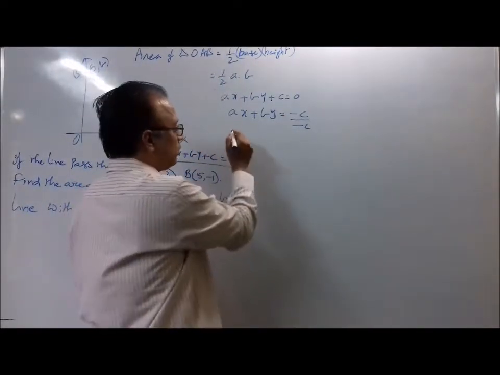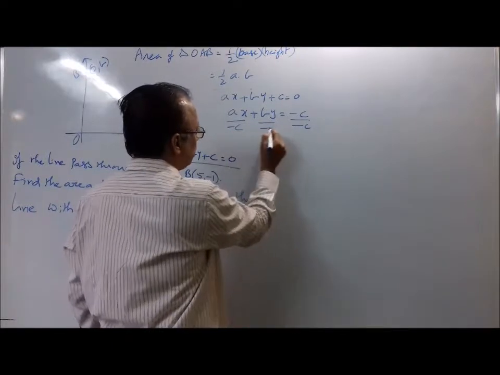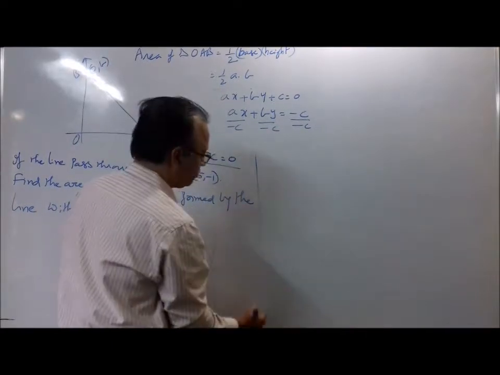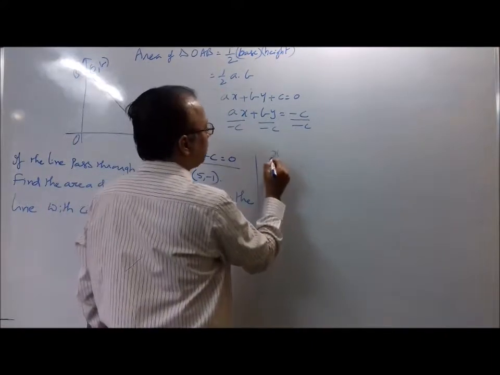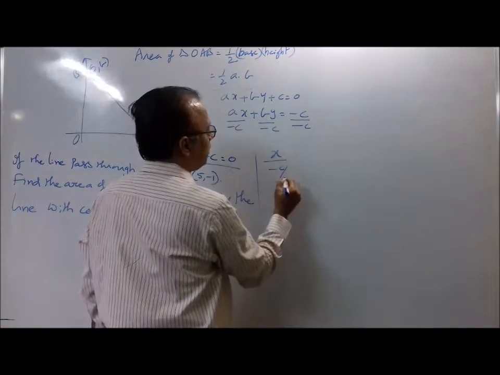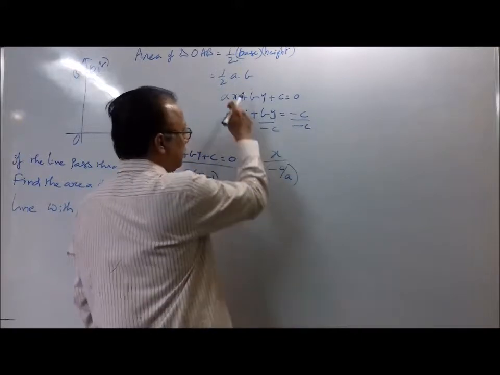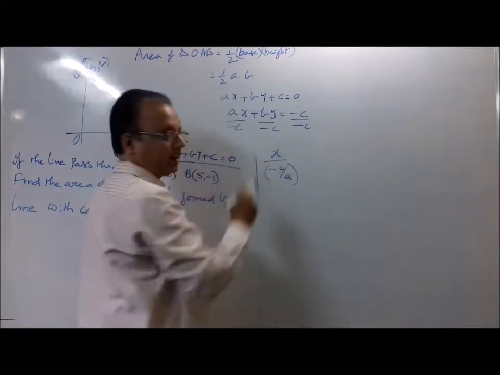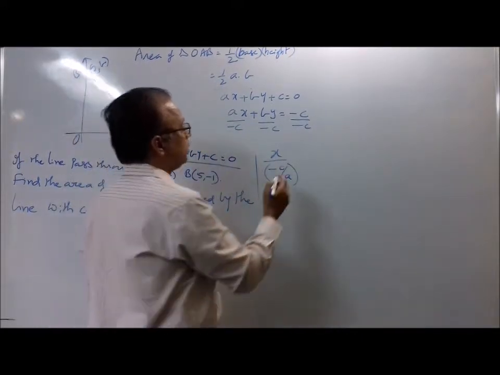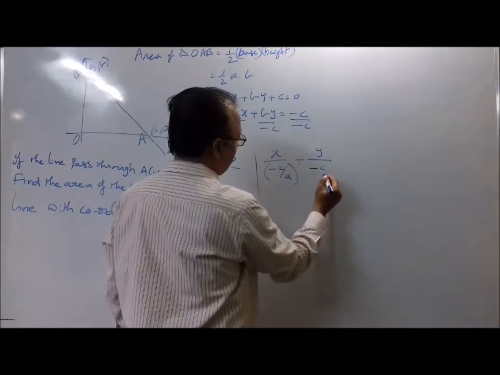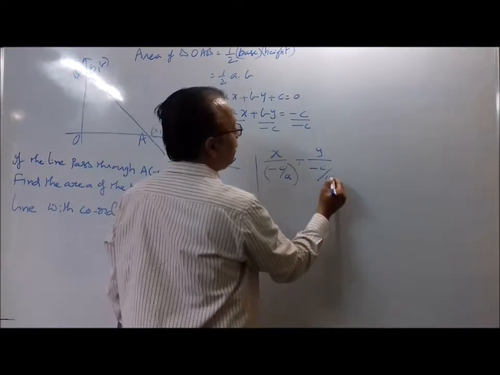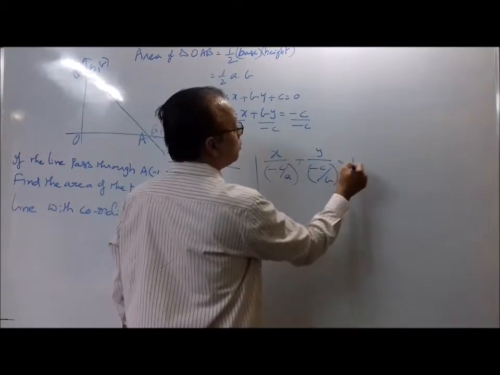So left side also I should divide. So this becomes x by minus c by a, this a comes down to the denominator, plus y by minus c by b is equal to 1.